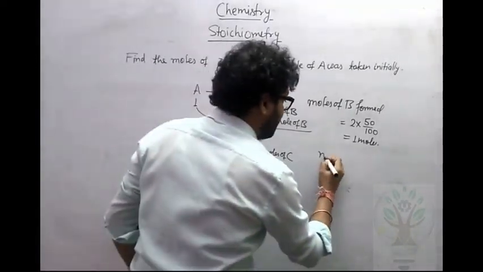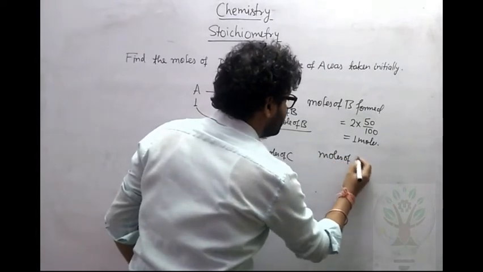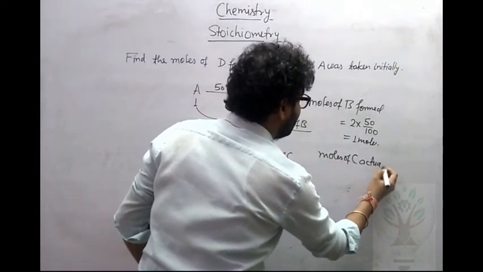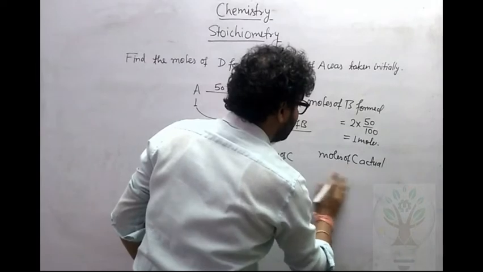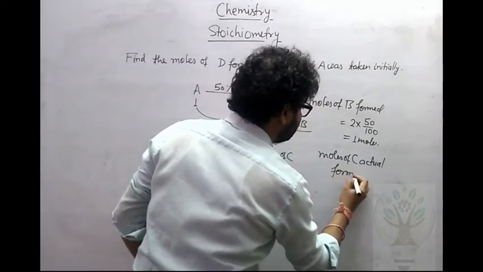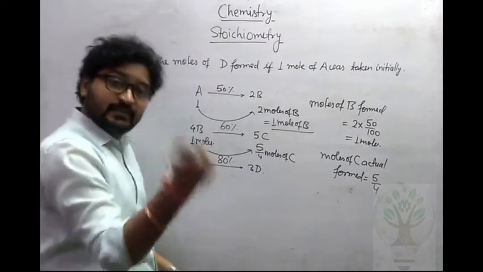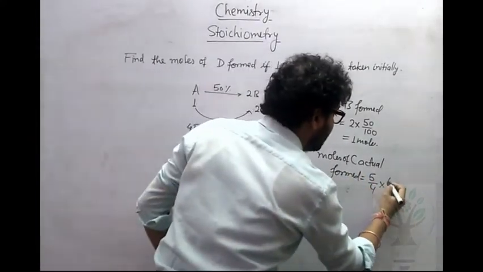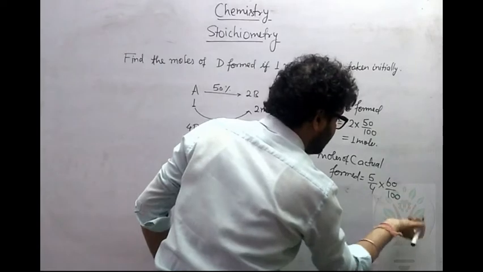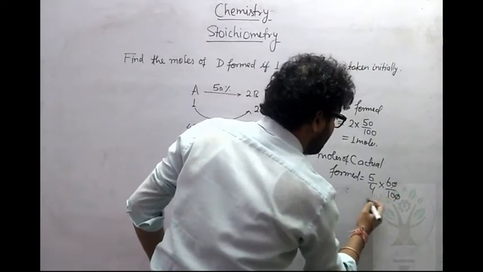Means moles of C, let me write this time, actual formed equals to, is it 5 by 4? No, 60% of 5 by 4, means multiply by 60 by 100. So let's solve this as well. How much are we going to get?